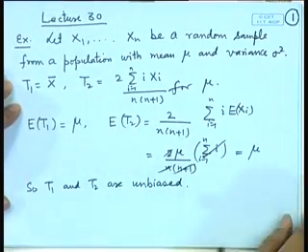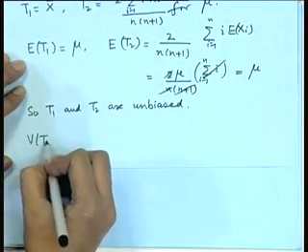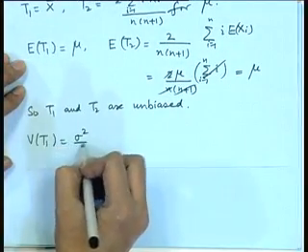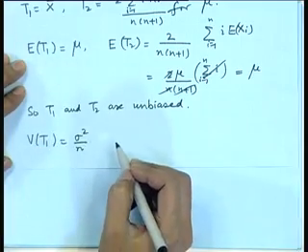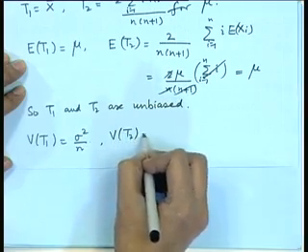Let us look at variances. What is the variance of T1? The variance of T1 is sigma square by n. We have already shown that the variance of the sample mean is equal to sigma square by n. Let us consider the variance of T2.